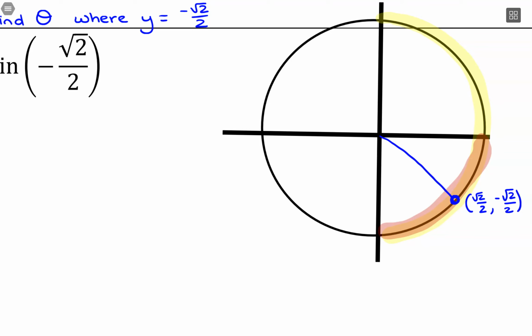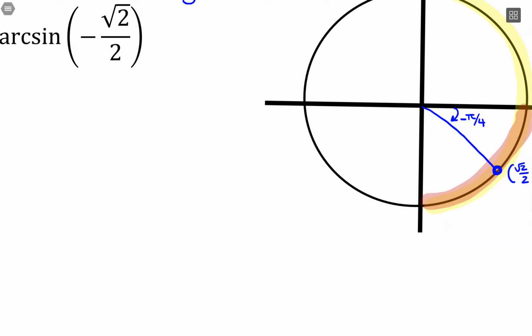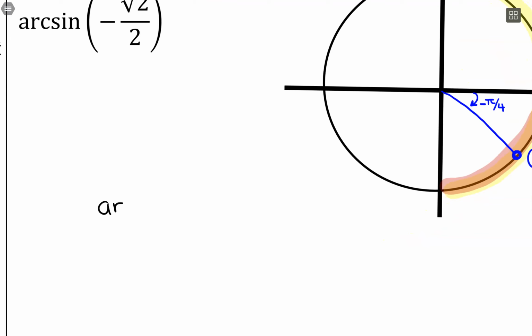So there we're seeing that y-coordinate that we want to work with. So for that angle measurement, we're going in the negative direction, and that's a distance of negative pi over 4. So this arcsine of negative root 2 over 2 is equal to negative pi over 4.